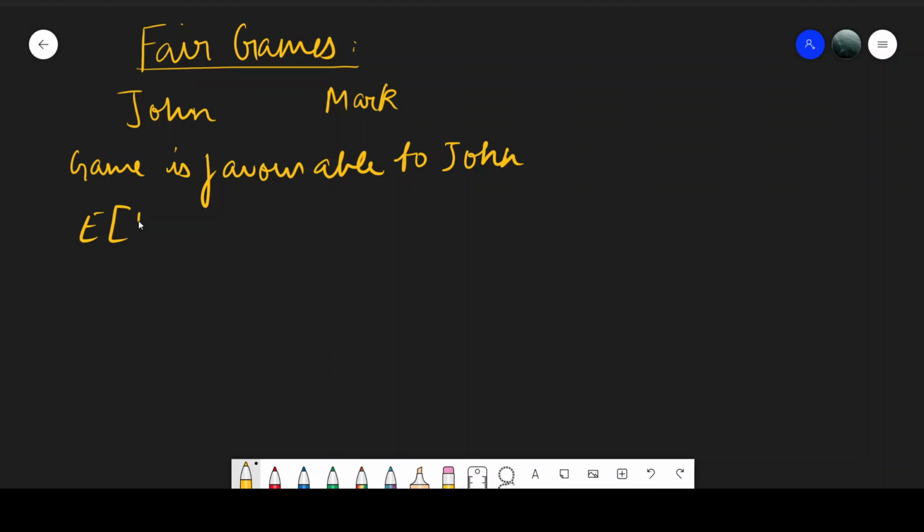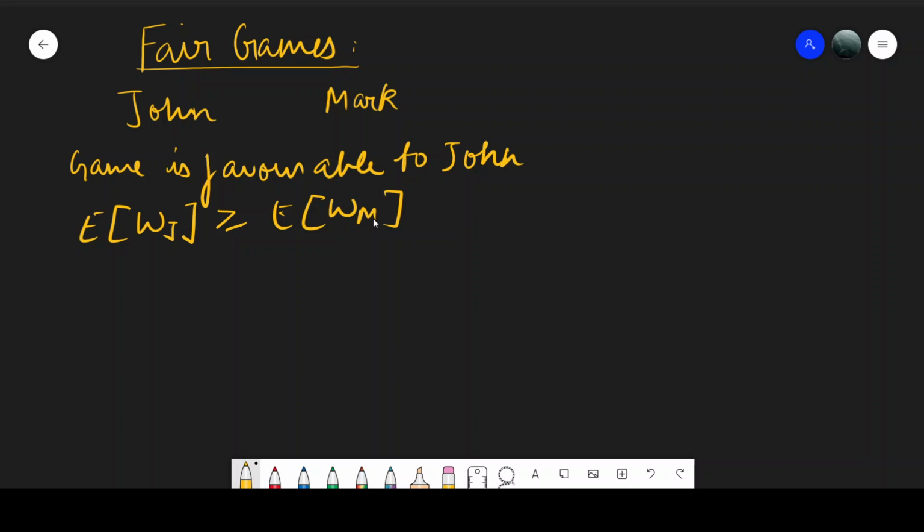The expected winning of John is greater than or equal to the expected winning of Mark. When I say expected winnings, I mean the net winnings, which means that to calculate it, we subtract any losses and treat the loss as a winning of a negative magnitude.